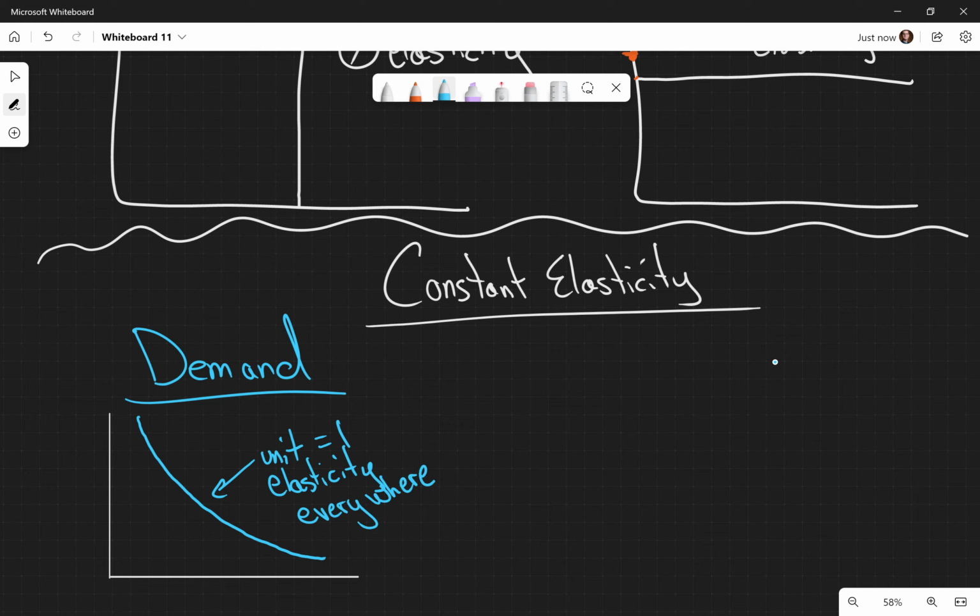If I did the calculation from here to here, it would be 1. If I did the calculation from here to here, it would be 1. So every change in the price is matched by a change in the quantity demanded. You try to run a sale and your total revenue goes nowhere.